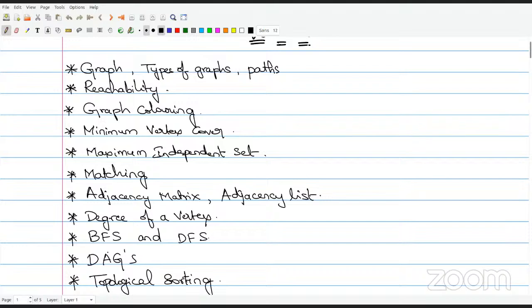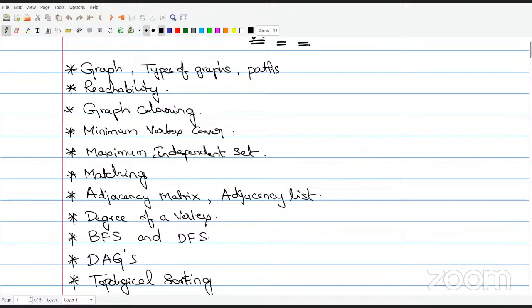Graphs are basically made up of nodes, and we say vertices. In mathematical graph theory, we call them vertices, and a few edges which are connected between vertices. I'm completely sorry that I'm not able to write.